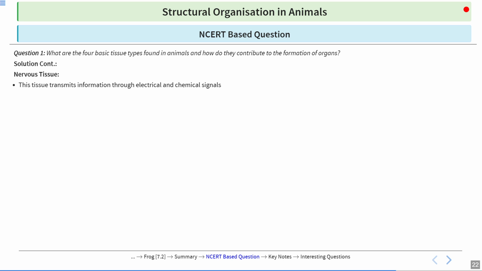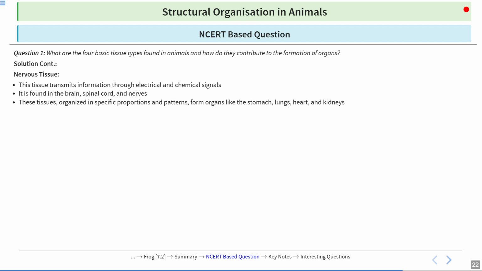It is found in the brain, spinal cord, and nerves. These are the different parts of our nervous system. Brain is a part of the nervous system, spinal cord is a part of it, and nerves are also a part of that, right?